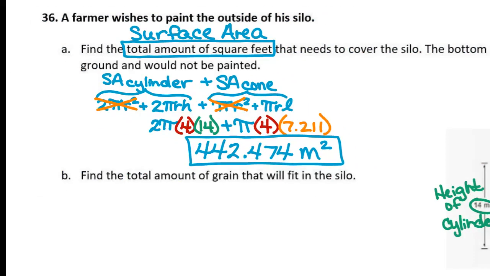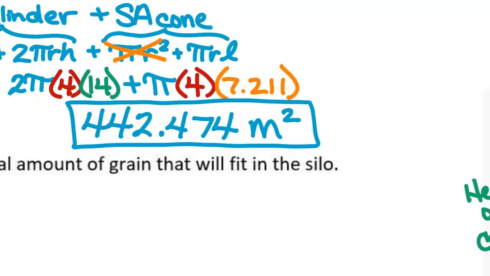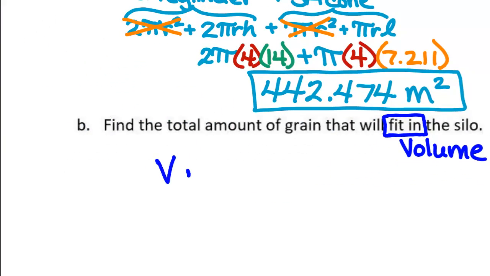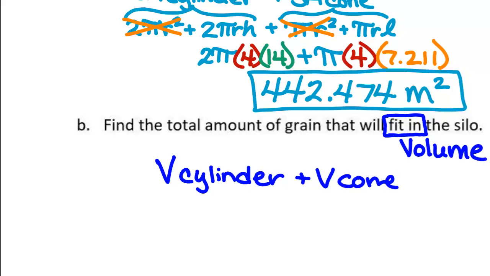All right. Find the total amount of grain that will fit in the silo. What am I asking for now? The volume. So once again, I'm going to need volume of the cylinder plus volume of the cone.